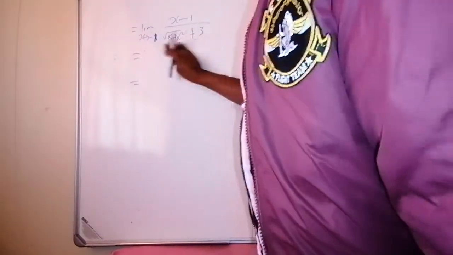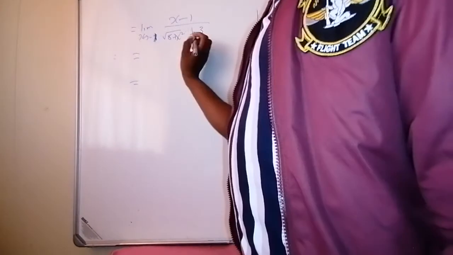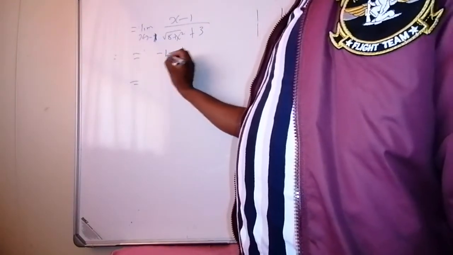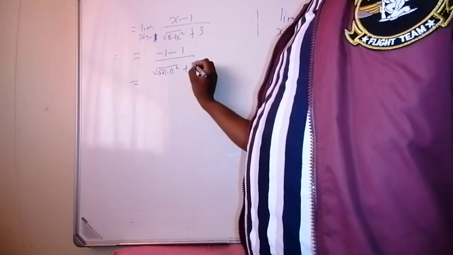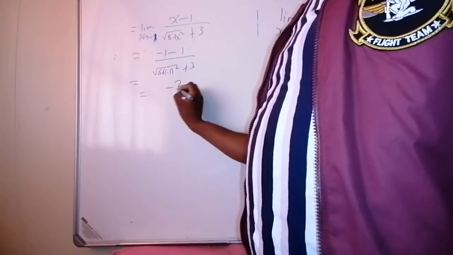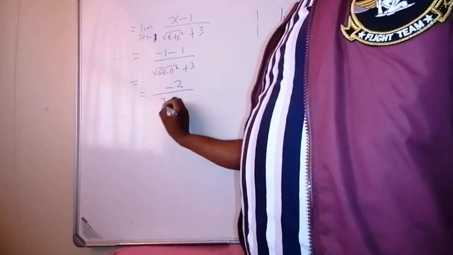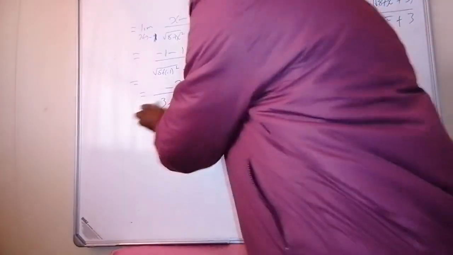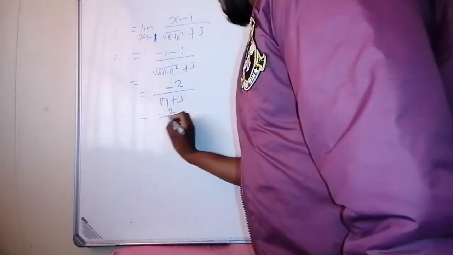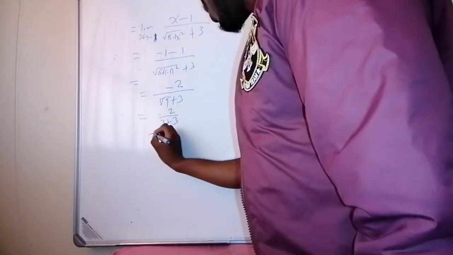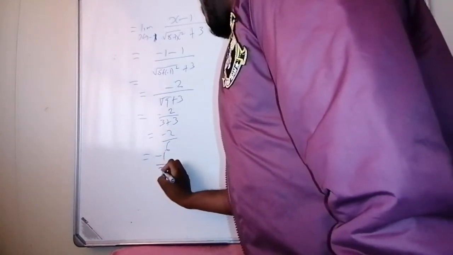After substituting, no need for you to write the limit as well. Negative 1 minus 1 over square root of 8 plus negative 1 squared plus 3. So that's negative 2 over square root of 9 plus 3, which is negative 2 divided by 3 plus 3, which is negative 2 over 6, negative 1 over 3.